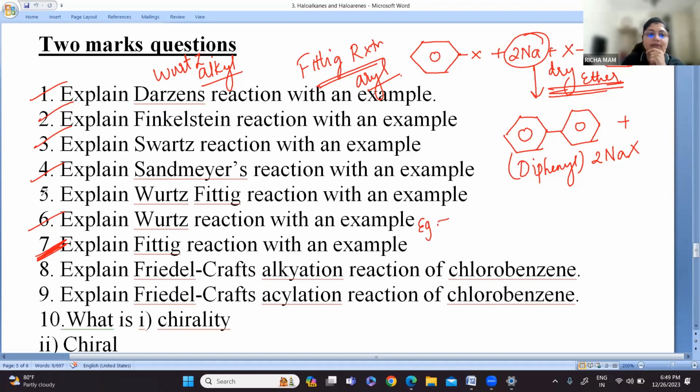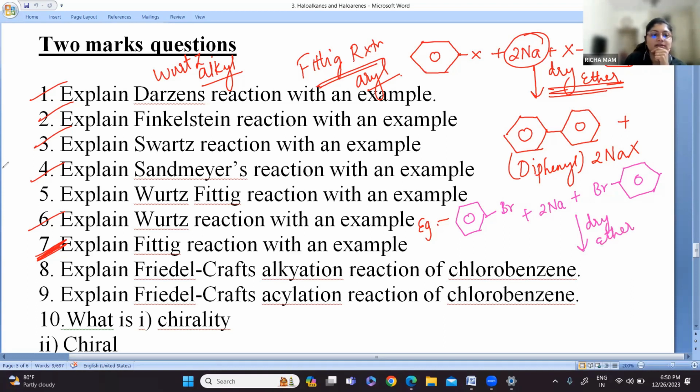So I'll give you an example. What will be the example here? I'll take bromobenzene plus 2Na in the presence of dry ether.